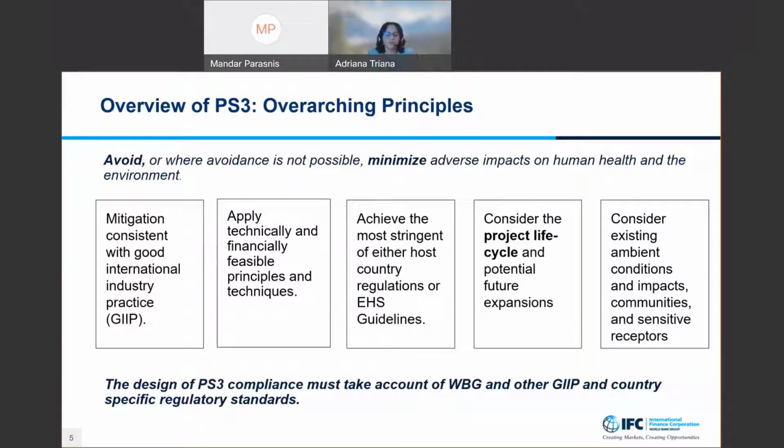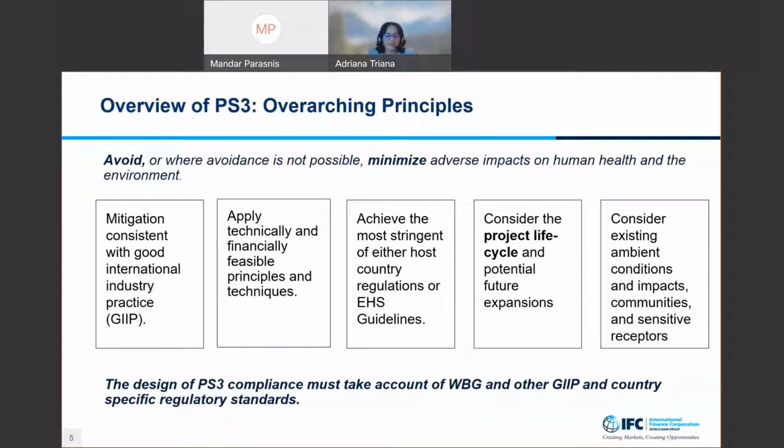And finally, Performance Standard 3 puts the project within a context, meaning it's not only about the physical boundary of the project, but it looks at where that project is located. What is the assimilative capacity of the environment? It could be an already degraded airshed. You could have the same project with the same technology in two different locations, and that will have a different impact depending on the capacity of that environment to receive more pollutants.